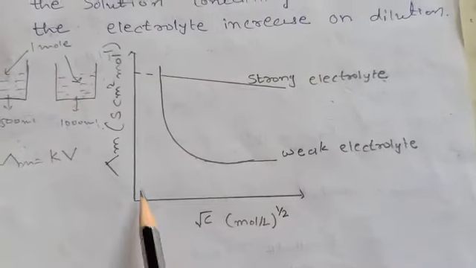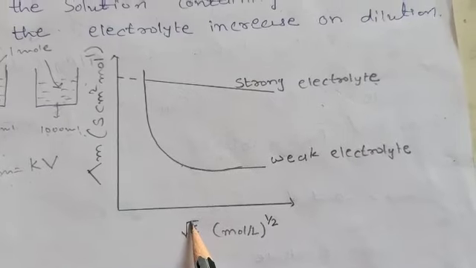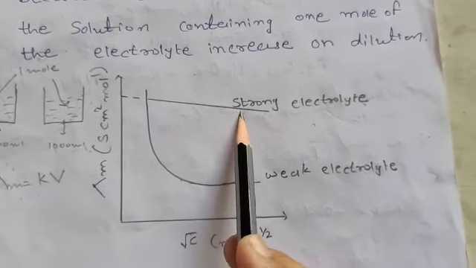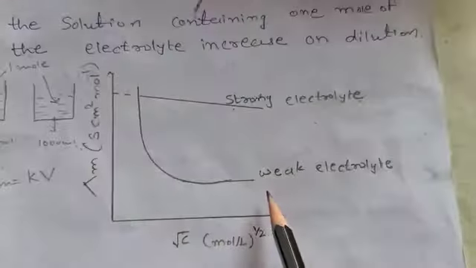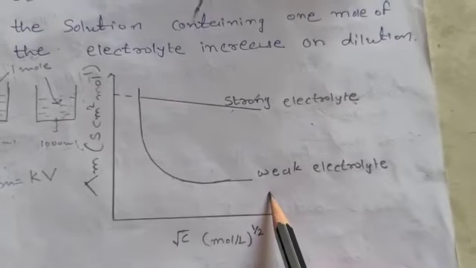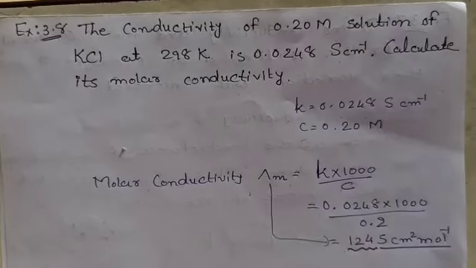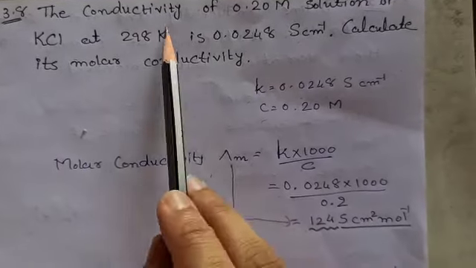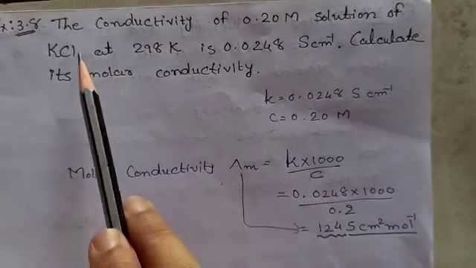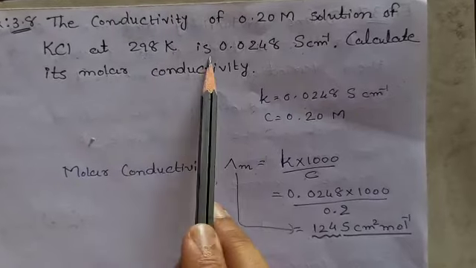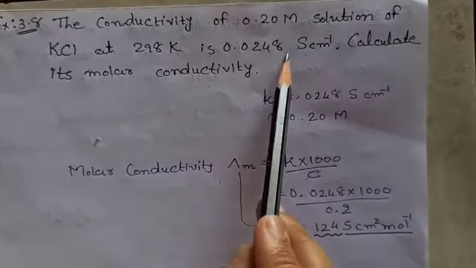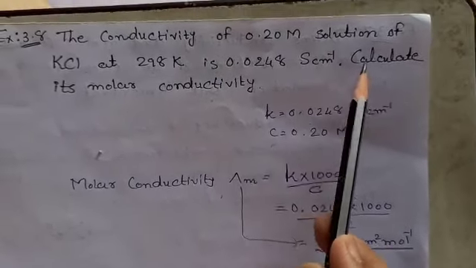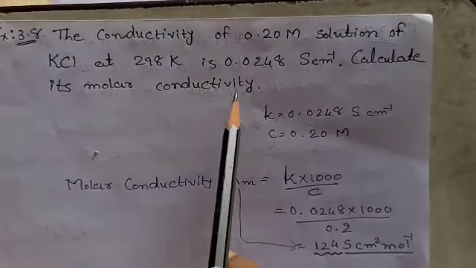Here is the graph for the molar conductivity: this is the graph for the strong electrolyte and this is the graph for the weak electrolyte. Exercise question number 3.8. The conductivity of 0.20 molar solution of KCl at 298 Kelvin is 0.0248 Siemens centimeter inverse. Calculate its molar conductivity.